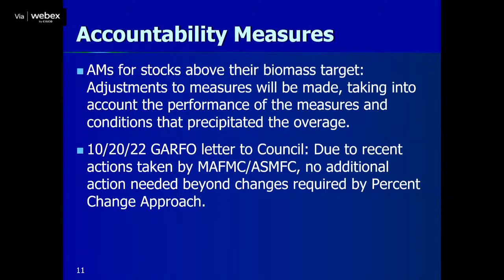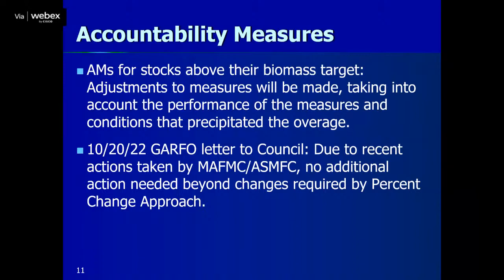For example, for black sea bass, if we need a 10% reduction in what we would otherwise expect harvest to be, that's the new target, which in this case is higher than the RHL. So in this case, it is allowing RHL overages, but we do still have accountability measures.